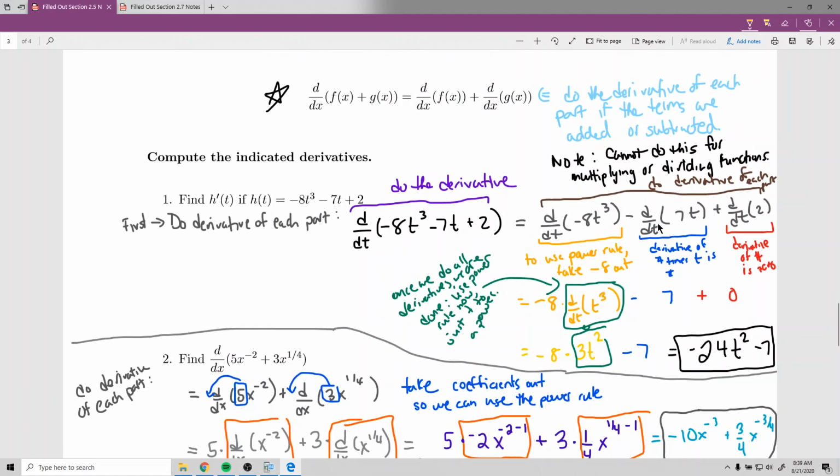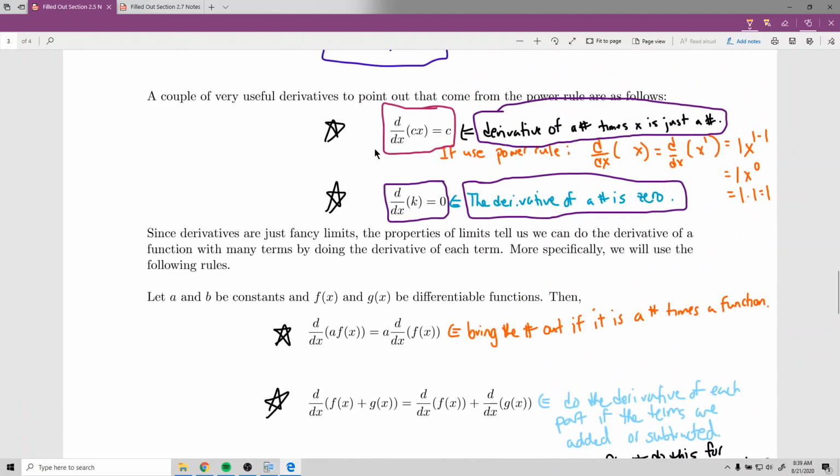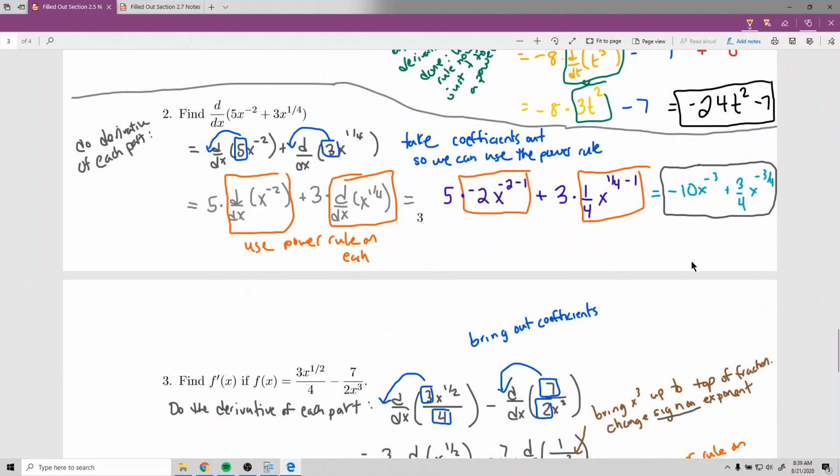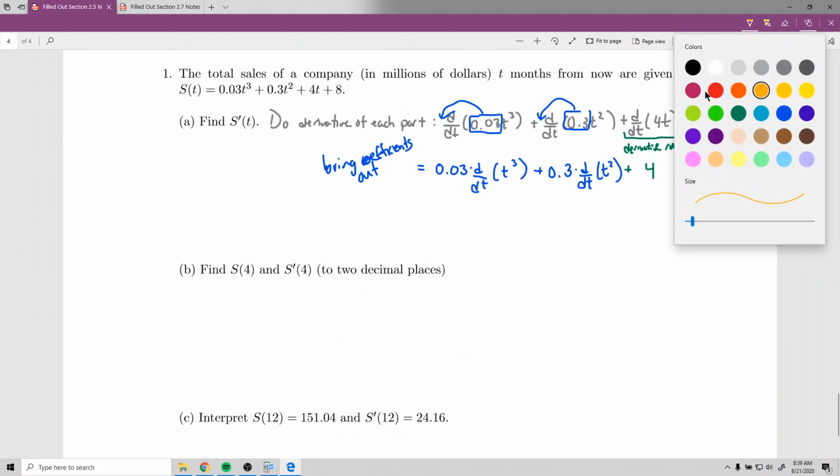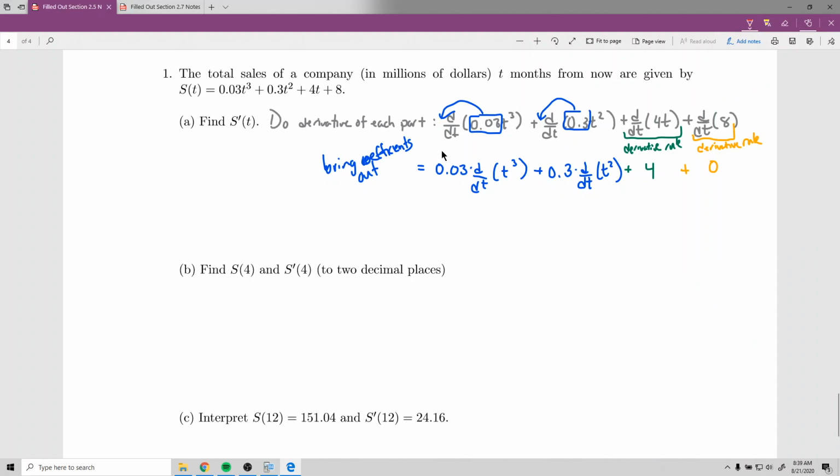We used that in this problem before, and just a reminder, we're using these rules for those of you that might pause and go back to the videos. Derivative of a number times the letter is just the number, and the derivative of just a number is 0. Now that we're here, we brought the coefficients out, which means we can do the power rule on each.